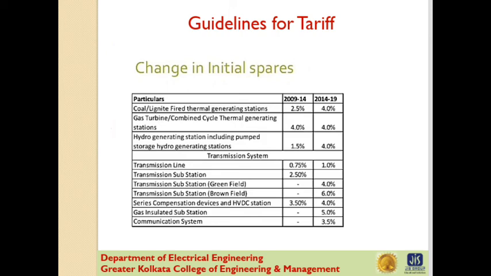Series compensation device and HVDC station it is 3.5% for the period 2009 to 14 and 4% for the period 2014 to 19. For gas insulated substation it is 5% for the period 2014 to 19 and 3.5% for the communication system for the period 2014 to 19.